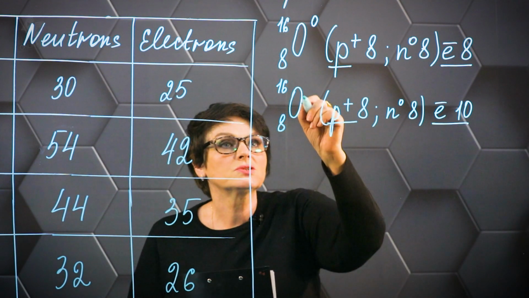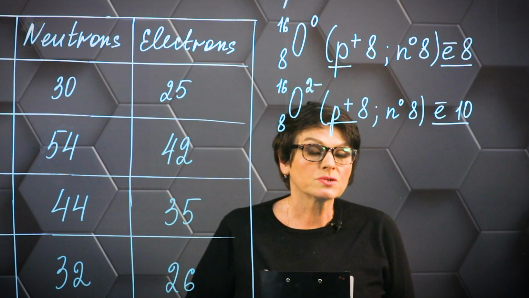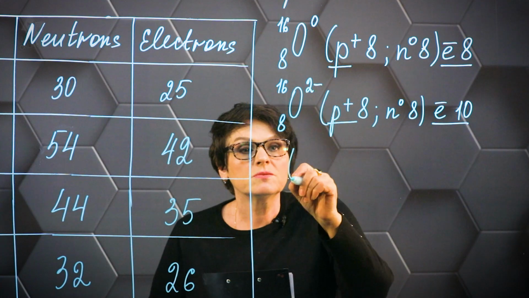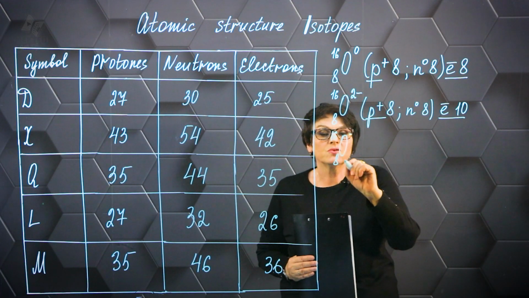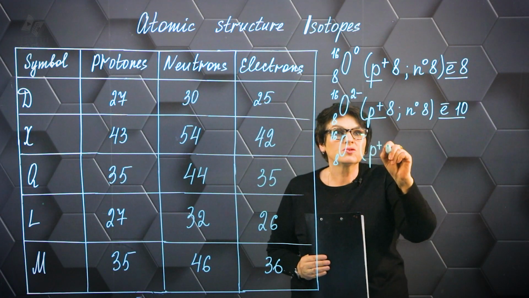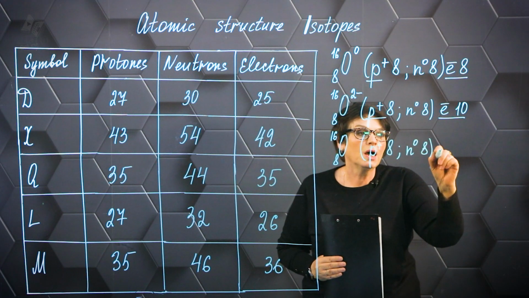In addition, oxygen can pass into another particle. For example, its number will be 8, its mass will be 16, and it will have 8 protons, 8 neutrons, but electrons will become 6. How can this happen if oxygen interacts with the most electronegative element?